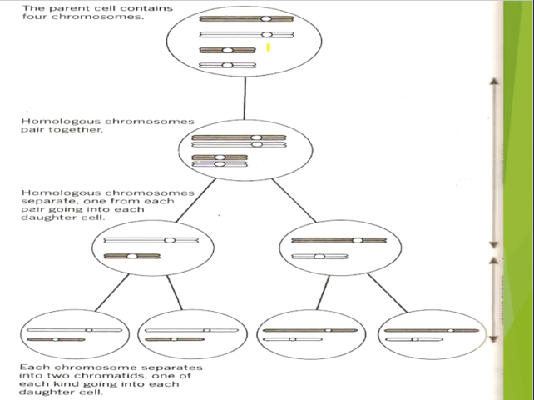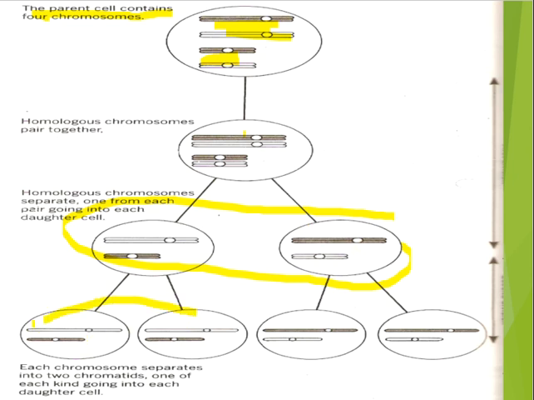As you can see in the summary here, the parent cell contains 4 chromosomes. These two are pairs. The homologous chromosomes pair together, and in the first meiotic division, that is meiosis I, the homologous chromosomes separate from each other and move to different cells.